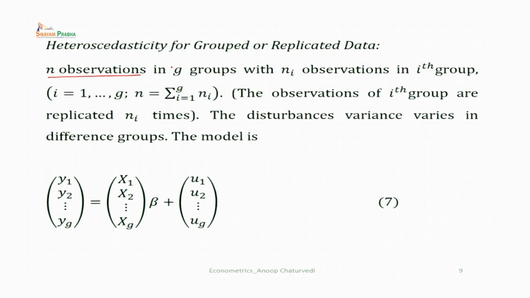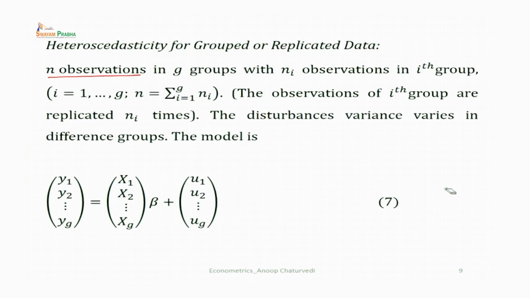It is just like we divide the income data into 3 groups: higher income group, middle income group, and lower income group. So, we have divided all these n observations into G groups.